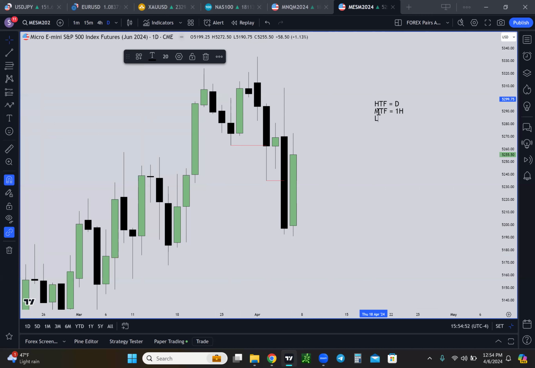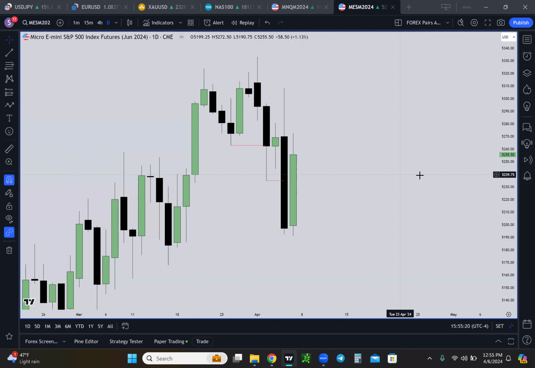And my lowest time frame is the 5 minute. If you want to know the reasoning for that, get into the classes in Kingdom Day Traders, sign up for the course, and all that will be explained to you. I'm not going to go into detail here, but this is your time frame alignment. If you're using daily as your highest time frame, your medium is the 1 hour and your lowest is the 5 minute. Okay, moving on.